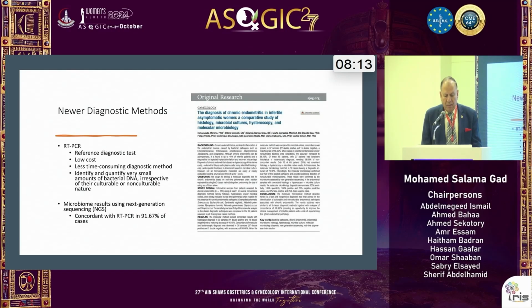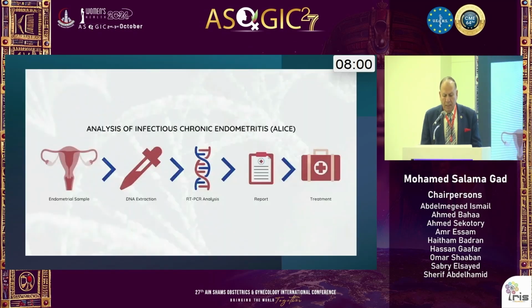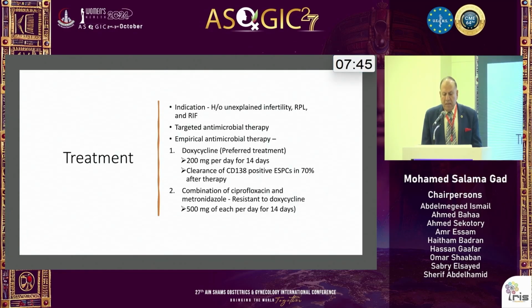There are also microbiome results using next generation sequencing, NGS. And nowadays it is easy, and we will evaluate its value in the coming slide. An endometrial sample is taken for DNA extraction and RT-PCR analysis, then report, then prescribe the treatment.